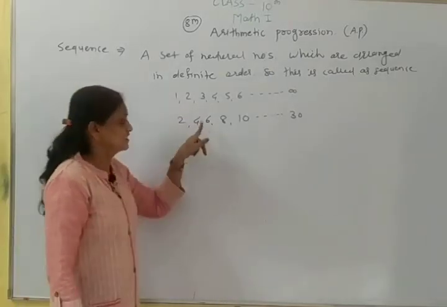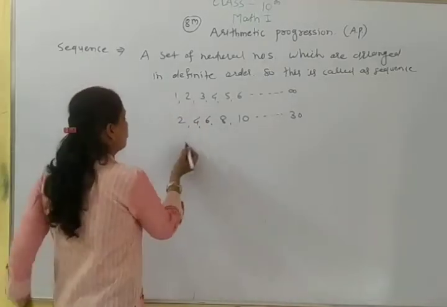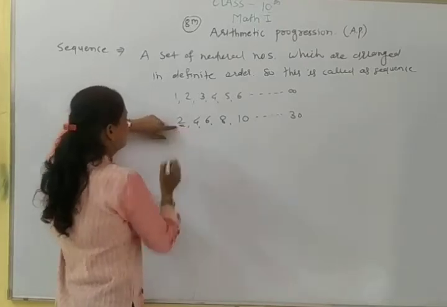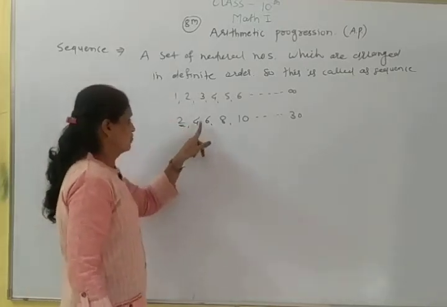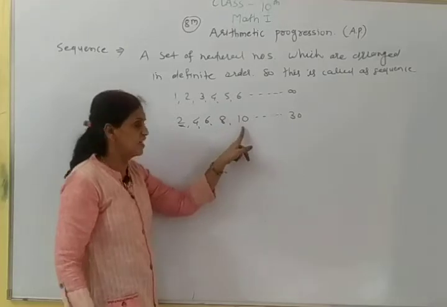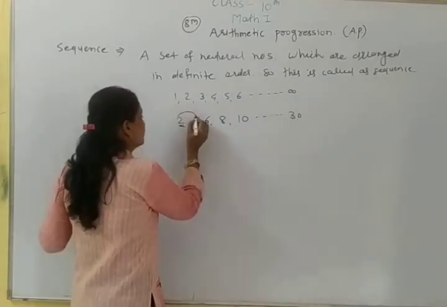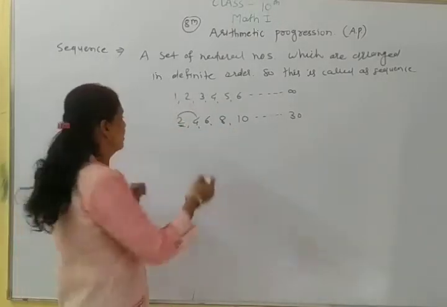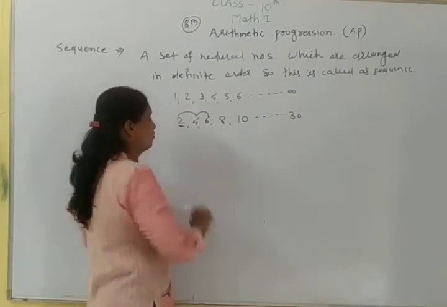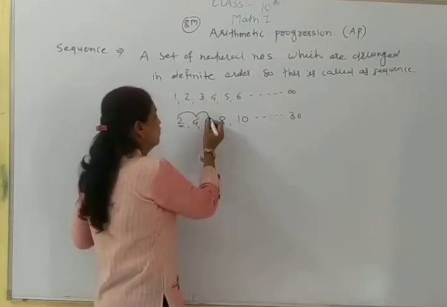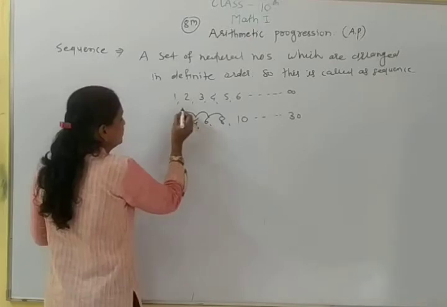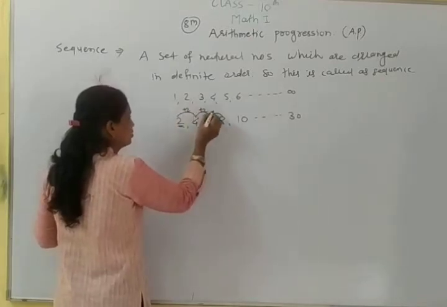This set is arranged in a definite order because the first number is 2, the second number is 4, then 6, then 8, then 10. The difference of each two numbers is 2, means here the difference is plus 2, plus 2, plus 2.